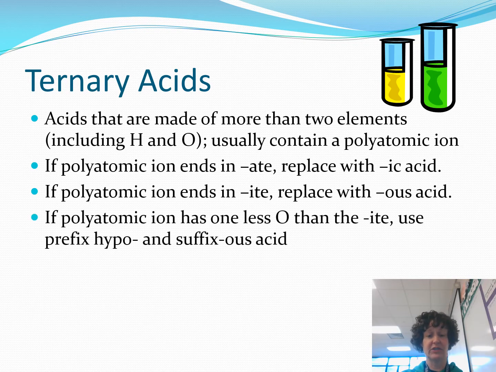Now, this is where it starts to get really wacky. If the polyatomic ion has one less oxygen than the ite polyatomic ion, you're going to add the prefix hypo and keep the ending ous acid. Now, think about the prefix hypo. Maybe back from biology, you knew hypotonic, which would be less concentrated than whatever it's next to.